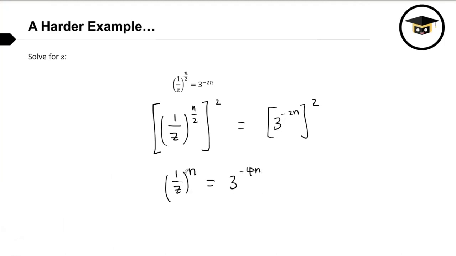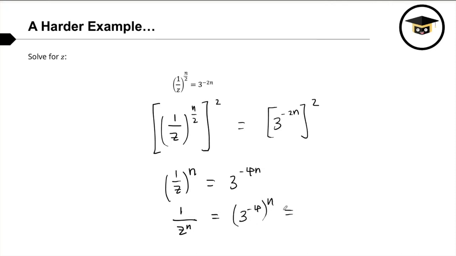Now here, all we want to do is actually put the index laws into action. 1 over z to the power of n is just 1 to the power of n over z to the power of n. And 1 to the power of n is just 1. So it's just 1 over z to the power of n. Here we have 3 to the power of negative 4n. That's the same as 3 to the power of negative 4 to the power of n.